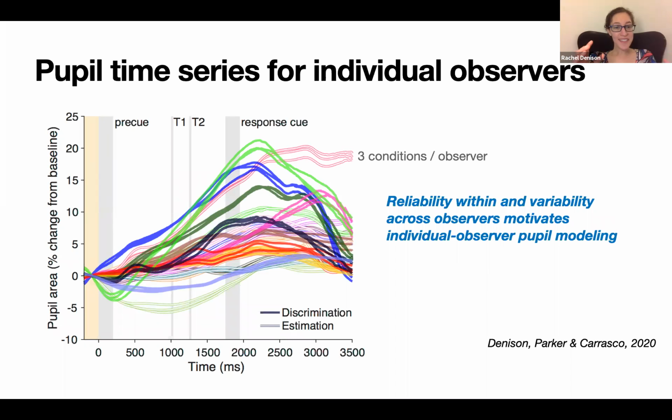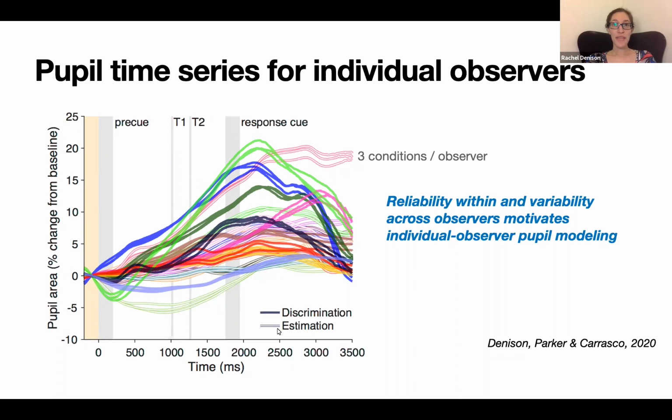So first, here are the raw data. Here are the pupil time series for individual observers performing this task. Here I am plotting the pupil area as a percent change from baseline across time.